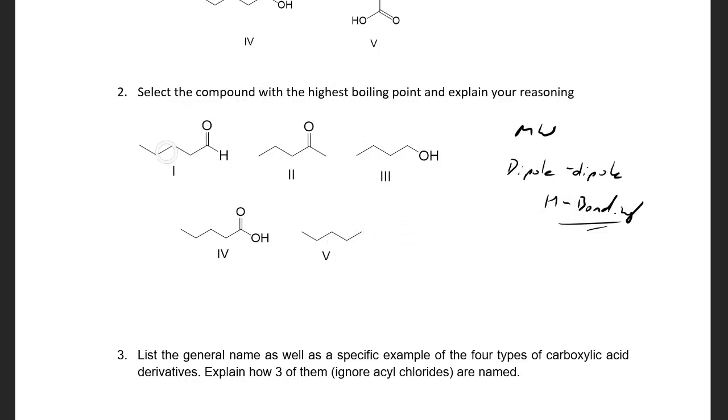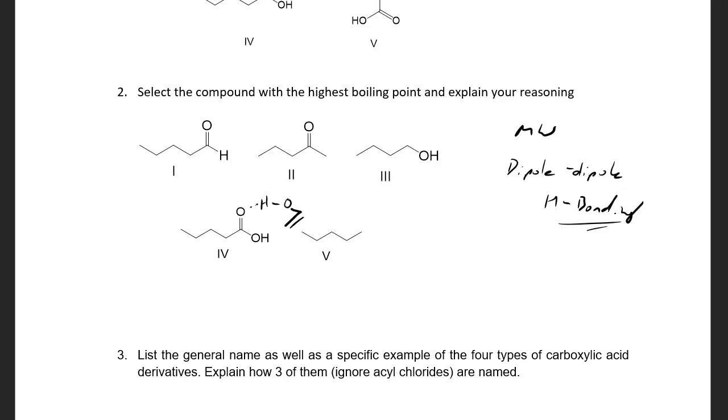So looking at compounds 1 through 4, the molecular weight is pretty similar for all of them. Actually, 4 has a slightly higher molecular weight. The most important thing, though, is that hydrogen bonding potential for compound number 4 is basically doubled. So this can essentially hydrogen bond with a proton that's around it. Like if, let's say, we had a carboxylic acid functional group, it could bond with the OH of the carboxylic acid functional group.